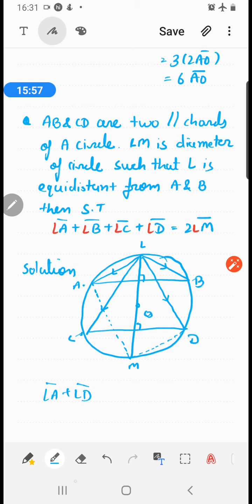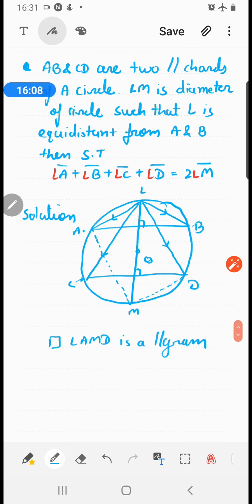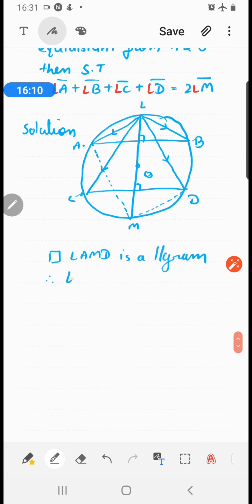Now it forms a parallelogram. So can I say quadrilateral LAMD is a parallelogram? And if it's a parallelogram, can I say therefore LA bar plus LD bar, the addition of two sides, will be equal to the diagonal, that is LM bar, and that is result number 1.